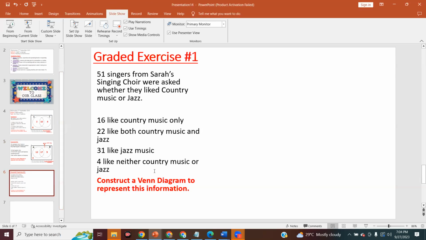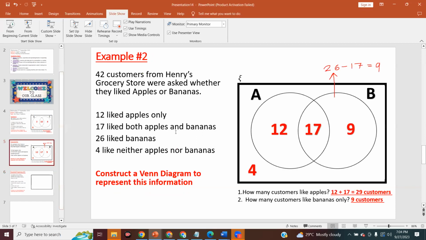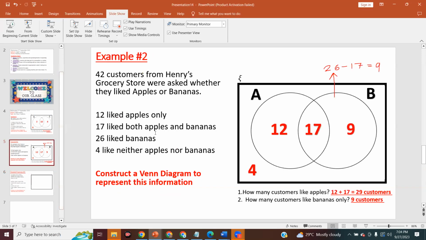So make sure you use a ruler to draw this box. What do we call this symbol? This one right now. Universal set. What's another symbol for the universal set besides that epsilon?